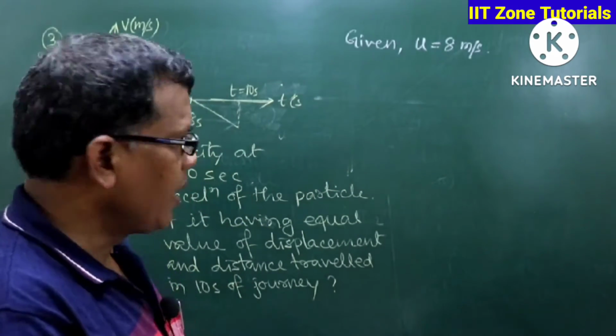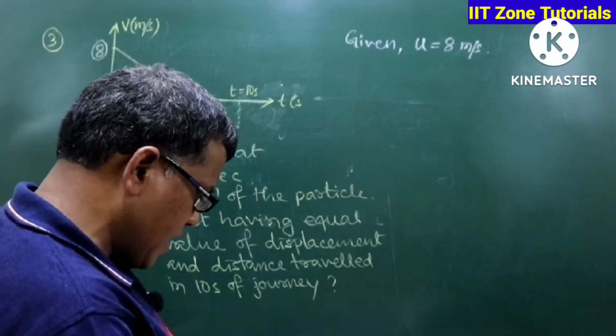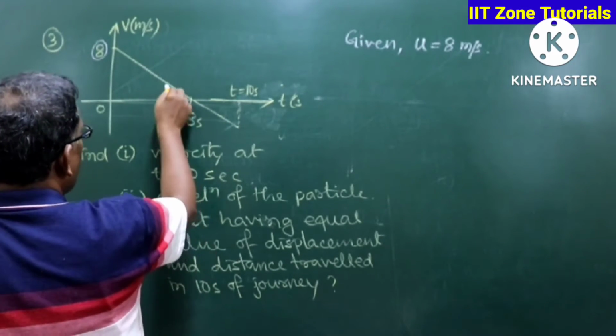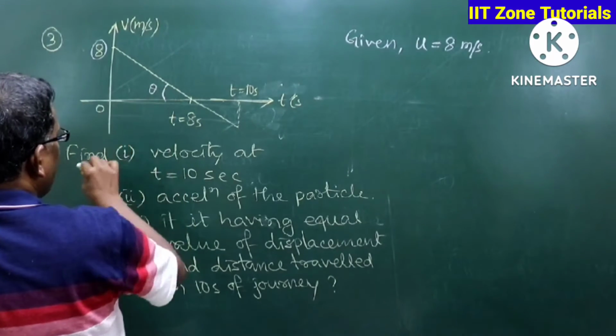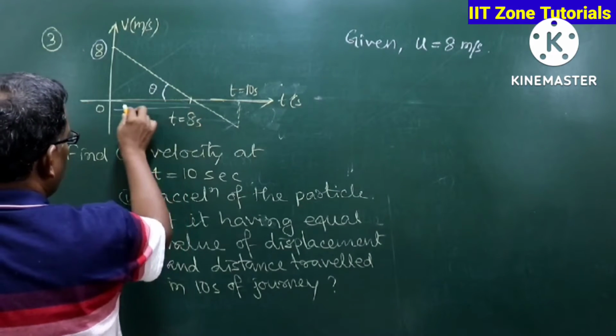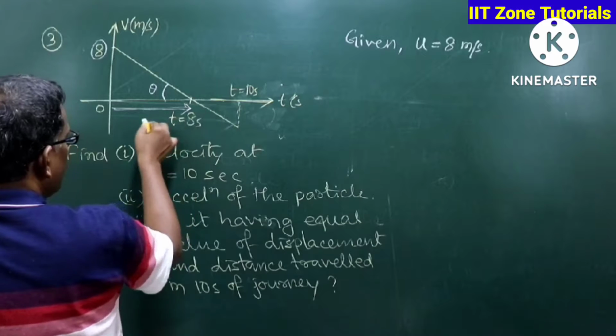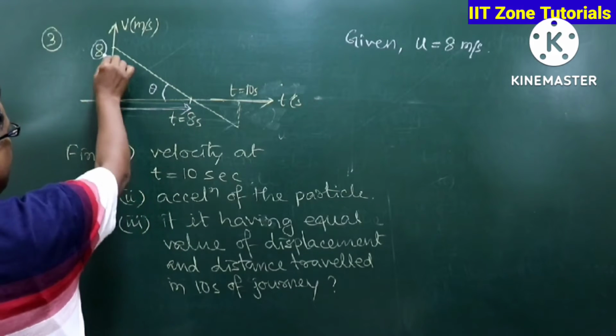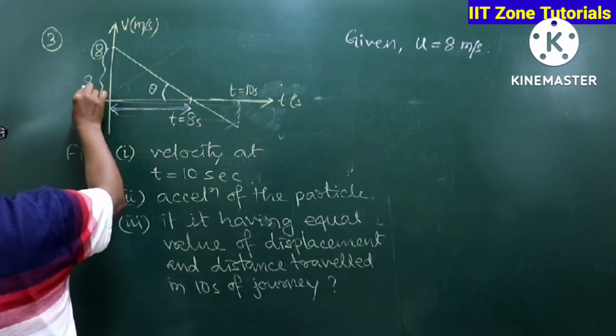We do not know the acceleration, but something is visible from the diagram. If I take this as theta, then this much is 8 as per the scale. This is 8, 0 to 8 second means 8, and this is also 8, right.